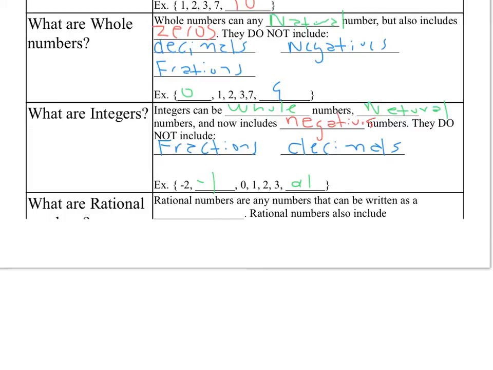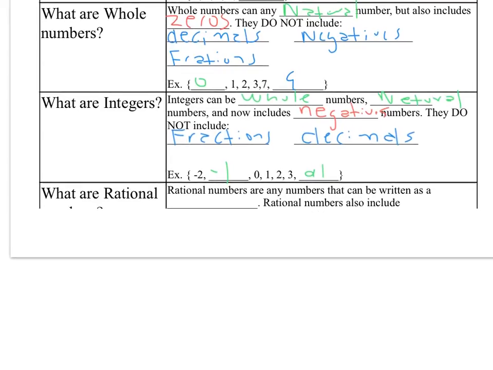Okay. So the next one will be rational numbers. What are rational numbers? My screen is a little bit cut off. So rational numbers are any numbers that can be written as a fraction. Okay, on the screen.